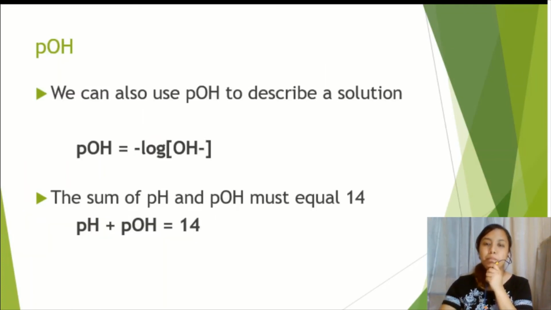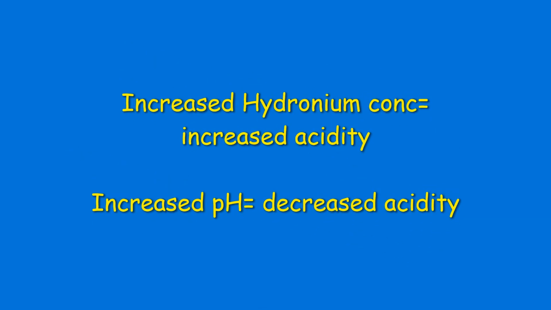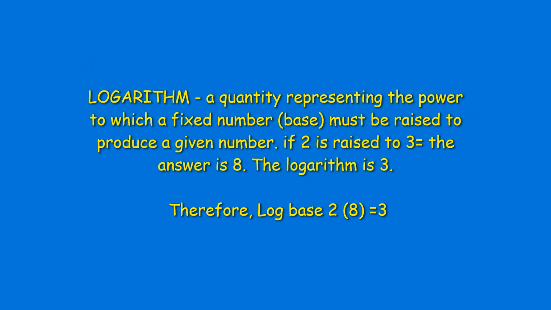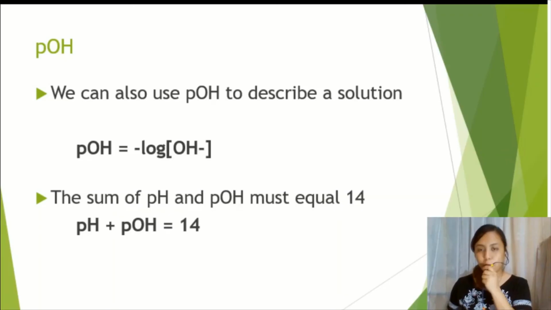Okay? So now, we have here your pOH formula also. So it's just the same. If you want to get the pOH, you just input negative log of the OH concentration. But it doesn't end there.